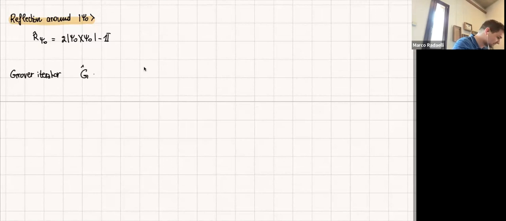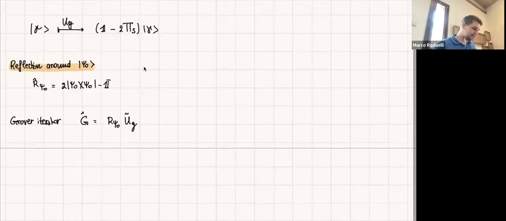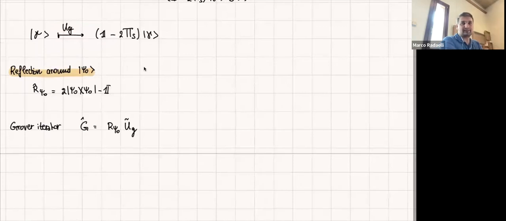a unitary operator, as R psi naught applied to UG. Okay, let me write here UG tilde just for the sake of preciseness, because actually we are neglecting the minus.